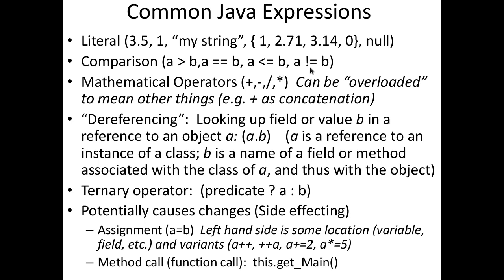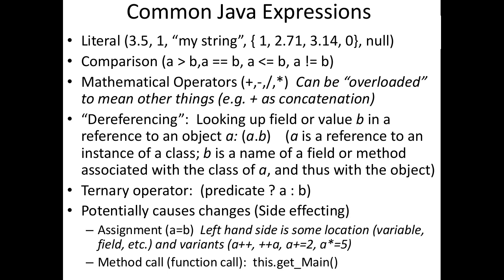This tests if A is not equal to B. And in general, this not can be used for computation on what are called Booleans, to take the not of something. So we could say, is A equal B, and we could take the not of it with an exclamation point. So if it was true, it's now false, or if it was false, it's now true.